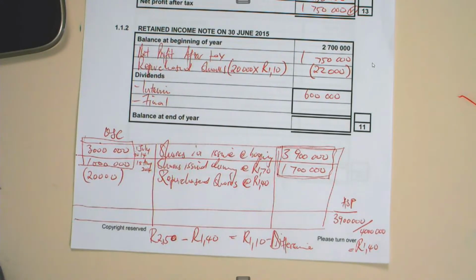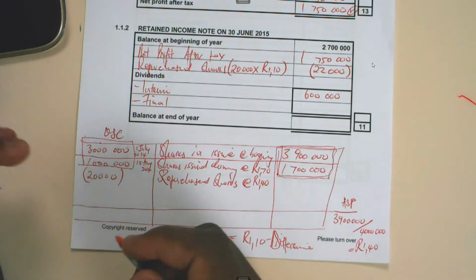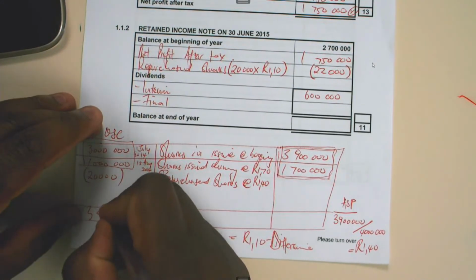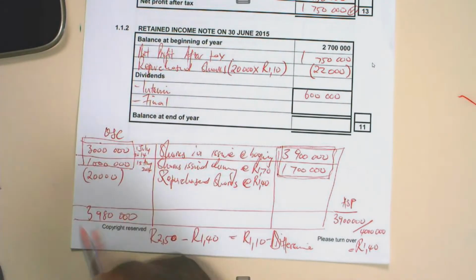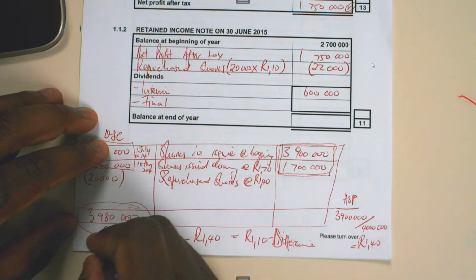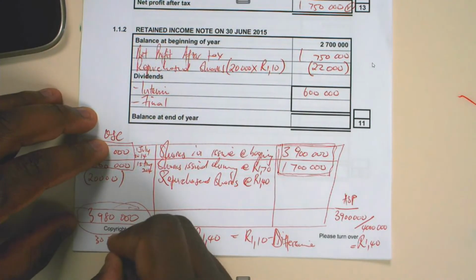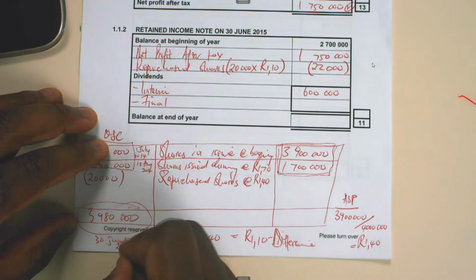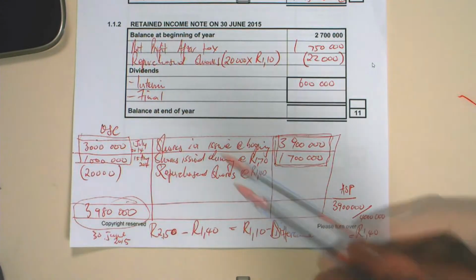Then we subtract the repurchase of 20,000. Then we got how much? 3,980,000. These are the shares in issue at the end of the year, 30 June 2015.